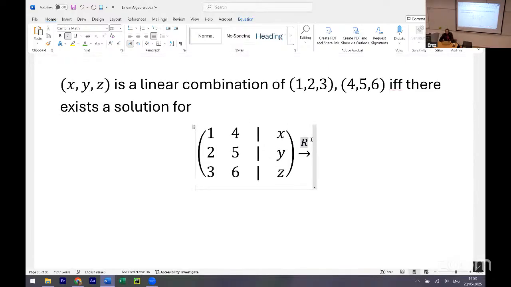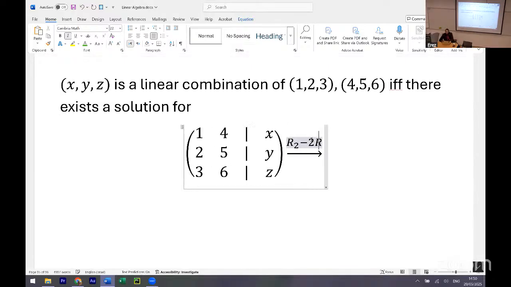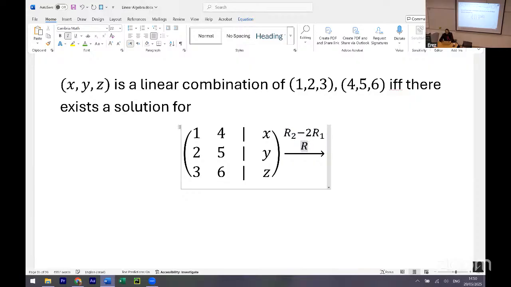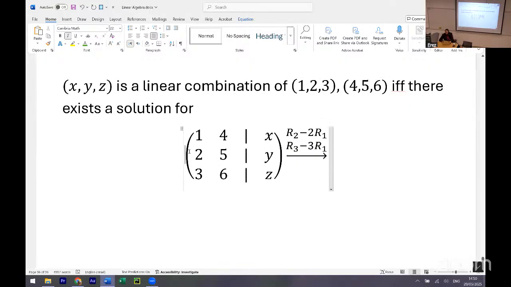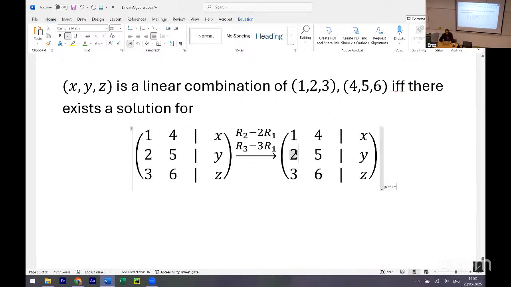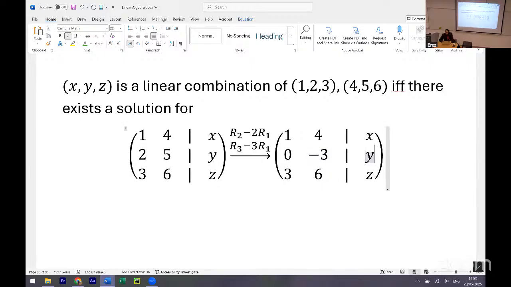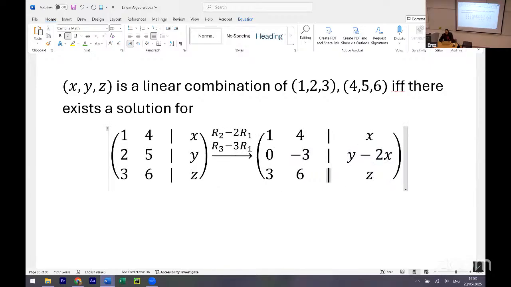Okay, so it's R2 minus 2 times R1 and R3 minus 3 times R1, and we get 2 times 0. 5 minus 8 is minus 3. Y minus 2 times X. Next, 3 minus X, 0. 3 minus 12, so whatever, minus 6. Z minus 3X.